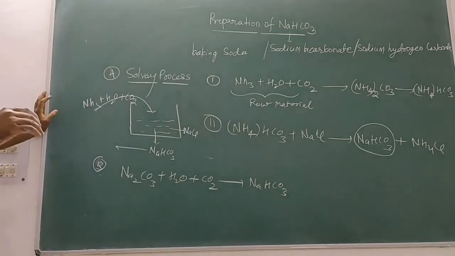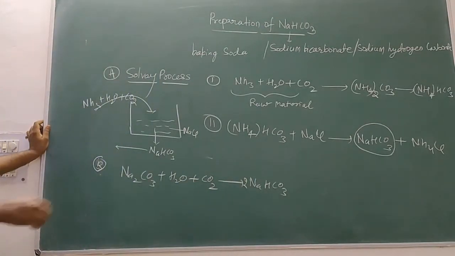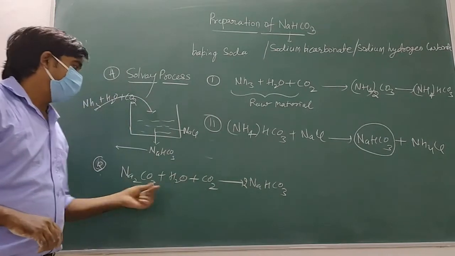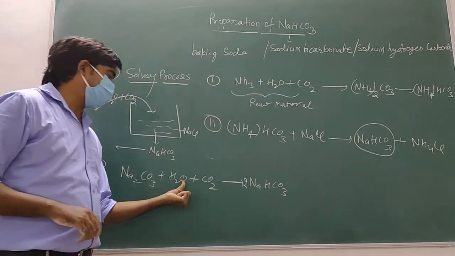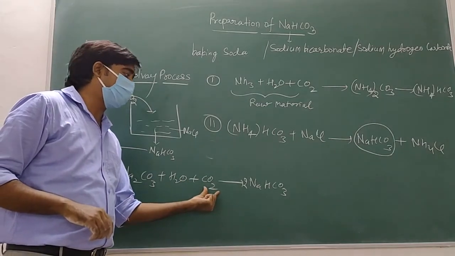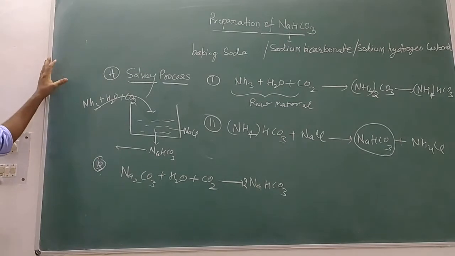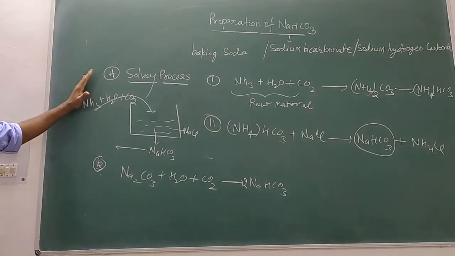You can balance this reaction by multiplying by 2 here. Now the reaction is balanced: 2 Na, 2 hydrogen, and CO3, and one oxygen combines with CO2 and forms CO3. So the reaction is completely balanced. These are the syntheses of sodium bicarbonate, sodium hydrogen carbonate, or baking soda.